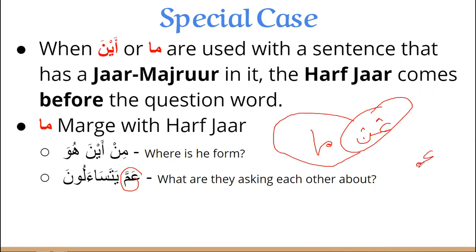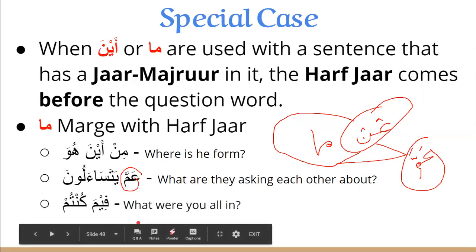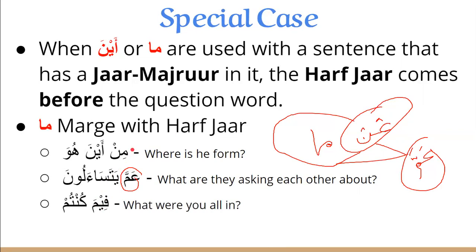So amma basically means two words. It's an, about, and ma, what? About what? Okay, an and ma can fuse sometimes together. And also you can see fi, the harf jar, and after the harf jar the question word can come.